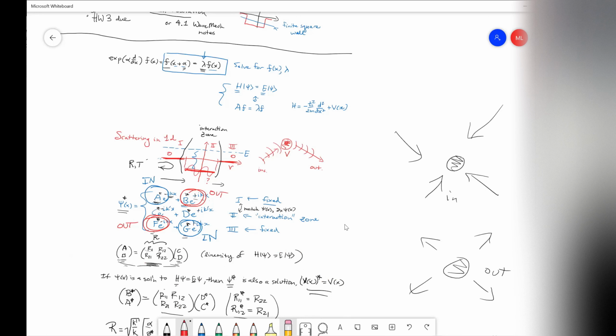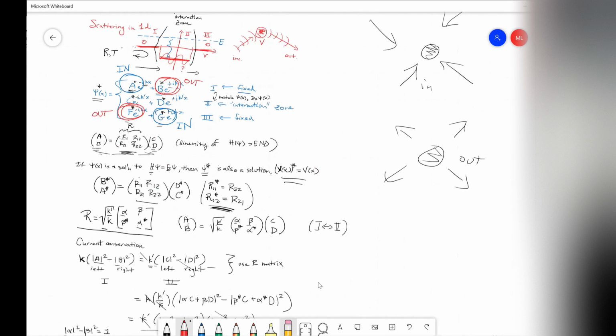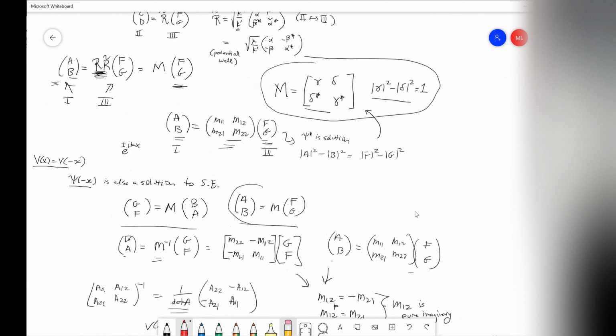That's useful, I guess; you can plot it and figure out probabilities of transmission and reflection, but it misses the conceptual point that these coefficients are actually very constrained. The symmetries of the problem constrain the answer quite a bit. The connection between them is just given by a few parameters that will depend on the details of the potential, but that's not so important.